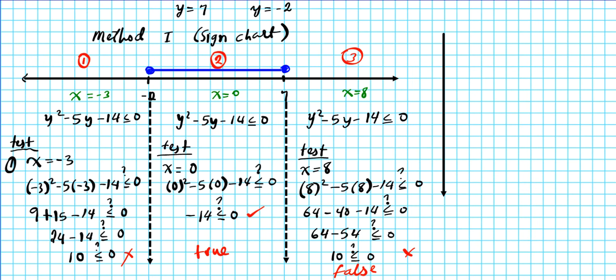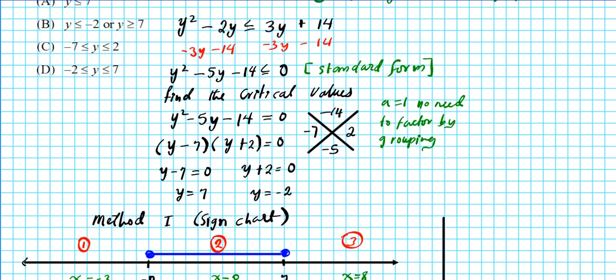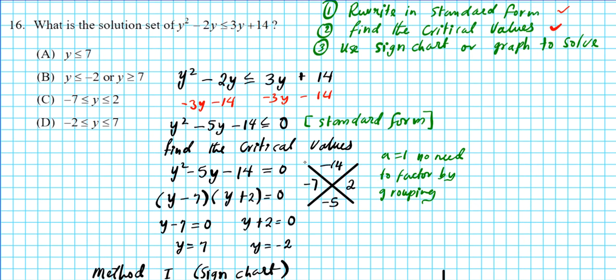Our answer is going to be negative 2 less than or equal to x, and x less than or equal to 7. Answer for number 16 is D.